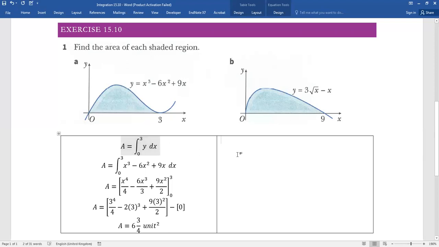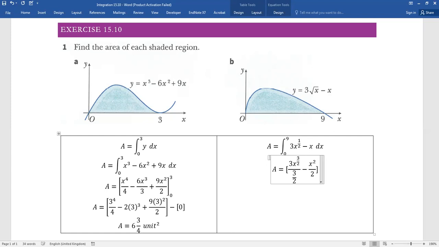Okay, now in the second one, we'll again integrate y with respect to x to get the area between the curve and the x-axis. Upper limit is 9 and the lower limit is 0. I already know what y is. It is 3x to the power half minus x. So first we integrate, which is 3x to the power 3 upon 2 upon 3 upon 2 minus x square upon 2.